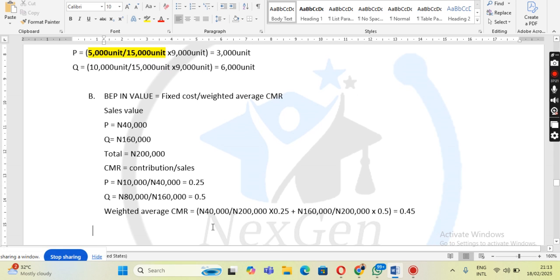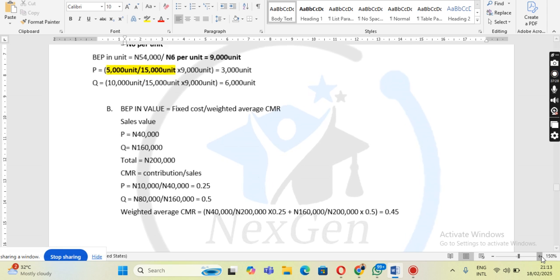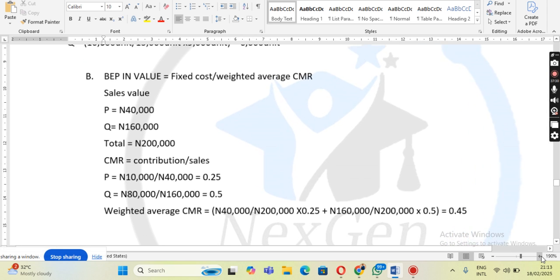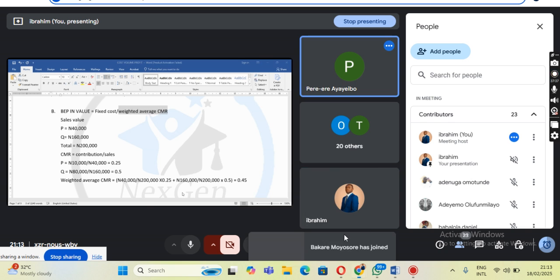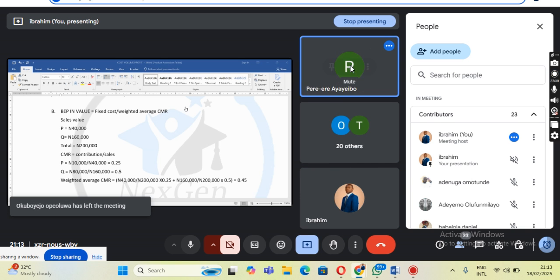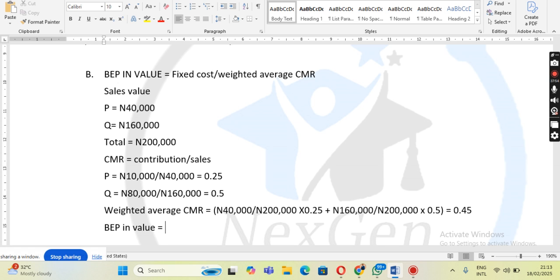So you've gotten your weighted average CMR already, right? Now, BEP in value is equals to fixed cost.